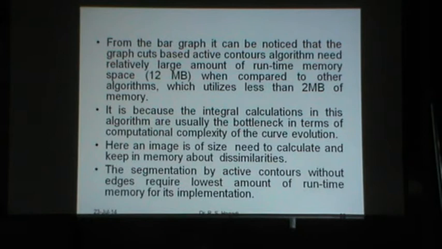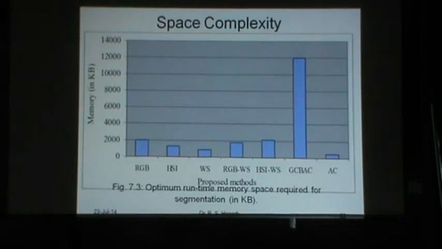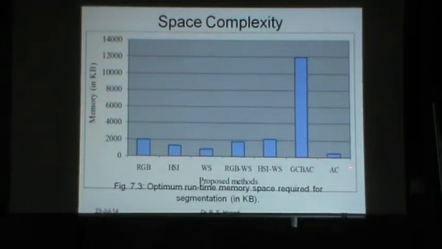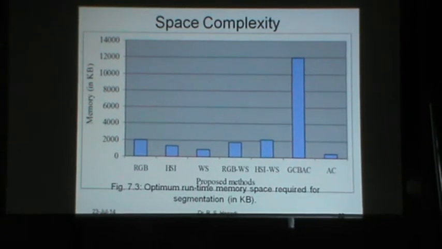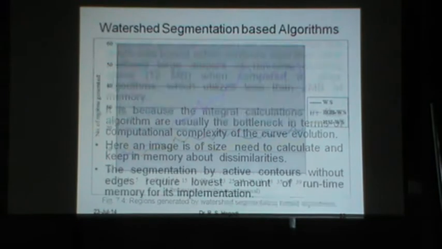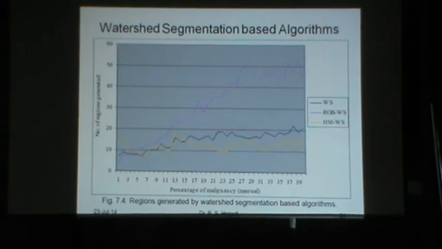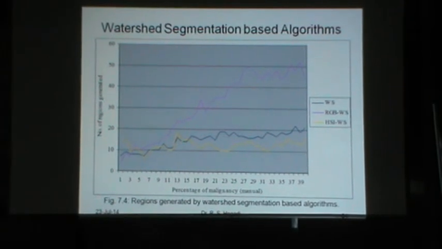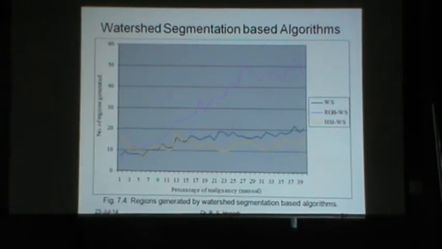The segmentation by active contours without edges requires the lowest amount of runtime memory in its implementation. So this technique requires very little memory space while running.